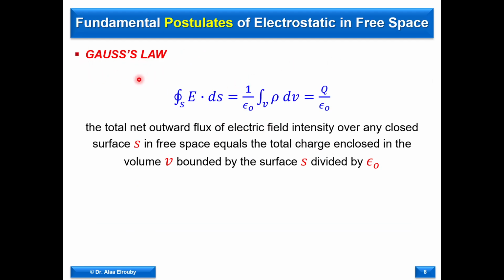Gauss is the scientist who formulated this law, and it states that the total net outflux of the electric field, and we said flux is E dot ds, out of any closed surface S in free space, which is related to this constant that we'll discuss later in this course, equals the total charge enclosed in the volume V bounded by the surface divided by epsilon naught.